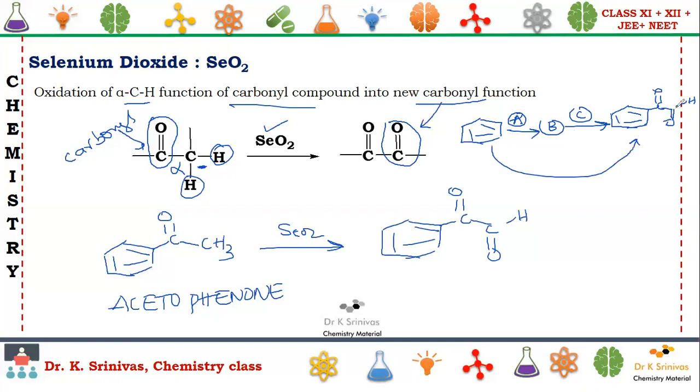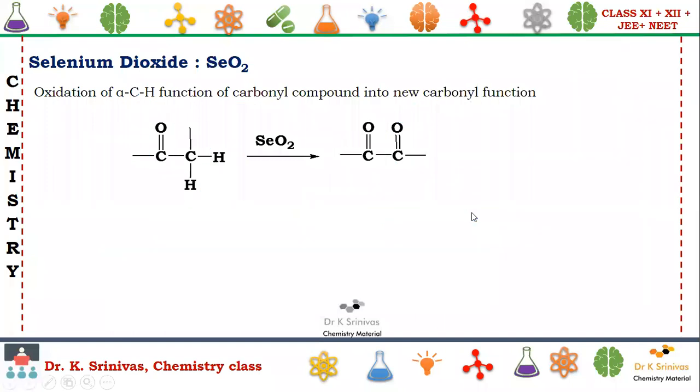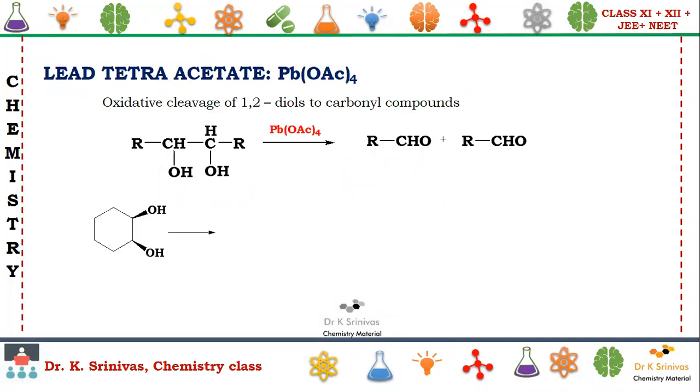So by seeing this, whenever you see two carbonyls side by side, you should get an idea about selenium dioxide. Practice करने के बाद you will feel very easy. This is your first time. If you are listening for the first time, you feel that it is tough. If you repeat this video once again, then you will feel comfortable.